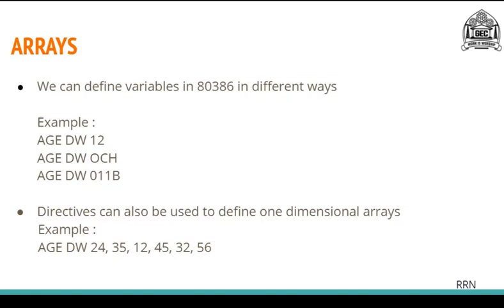Now the size of the array can start from 1 and go to n. Each item in your array has an index at which it is placed, a unique number associated with each item. The first item in your array will have index 0, and the last item in your array will have index n minus 1.